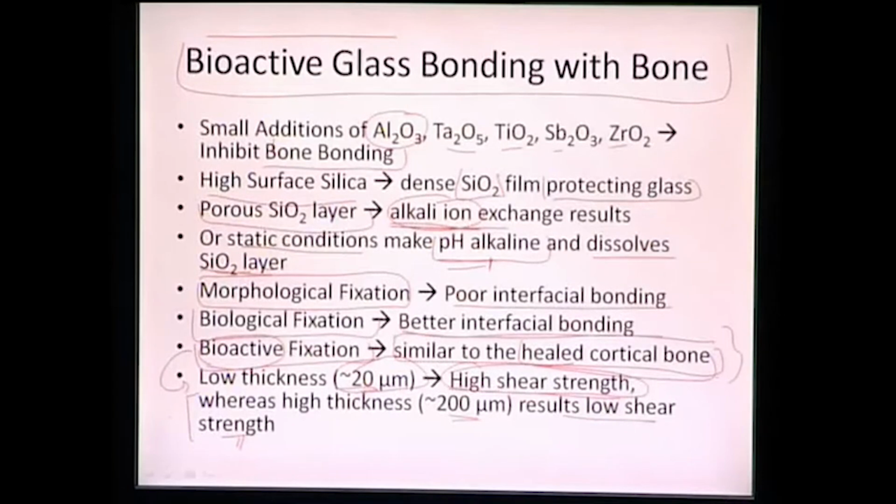So we can see that small additions of alumina, tantalum oxide or zirconia tend to form a very thick oxide layer, and that basically inhibits the bone bonding. And once we have very dense silica, again it will also lead to the inhibition of any bone bonding, because it has a very protective layer on its surface.